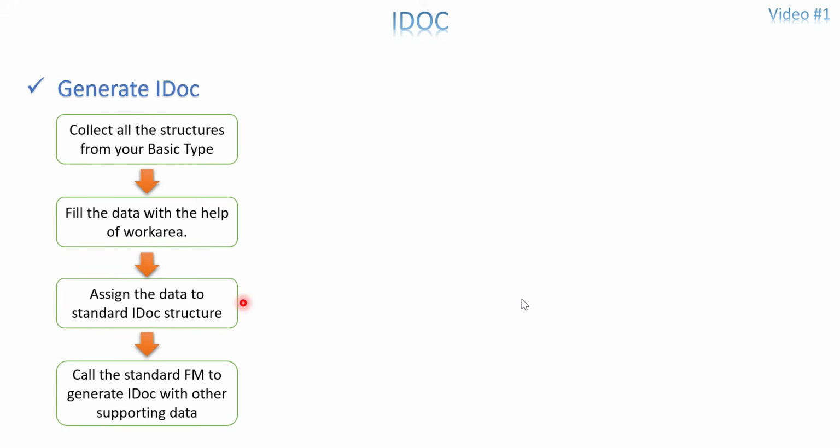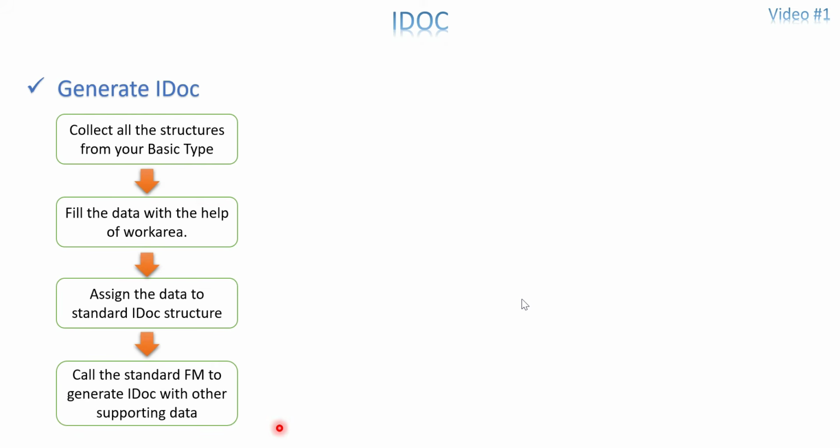So once you fill your work area, you have to pass the information to that particular structure. Again, there is a structure only, a work area or internal table, but it has a different design, different fields and everything, that you have to fill. Once you fill it, call the standard function module to generate an IDOC. So here we are talking about the concept called generate IDOC. How to generate an IDOC with the data, maybe hard-coded values, whatever it is. Okay, these are the steps.